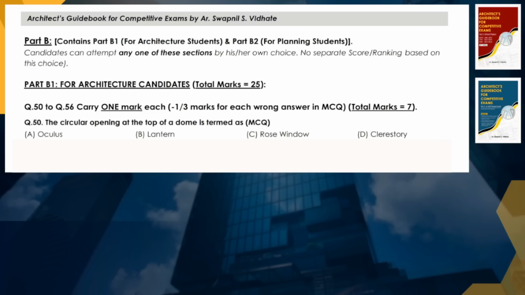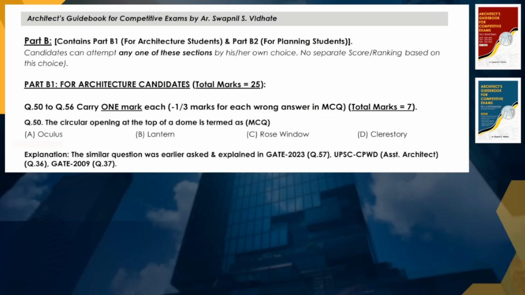Question 50, the circular opening at the top of a dome is termed as which of the following? MCQ question, options are oculus, lantern, rose window, clerestory. A similar question was earlier asked and explained in GATE 2023. You can check question 57 in set 1.